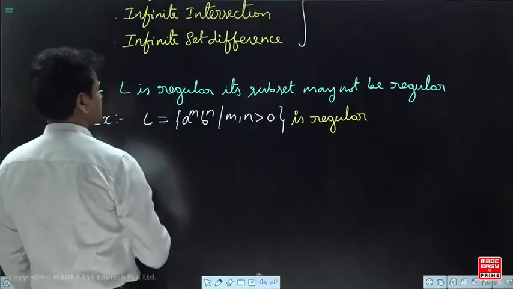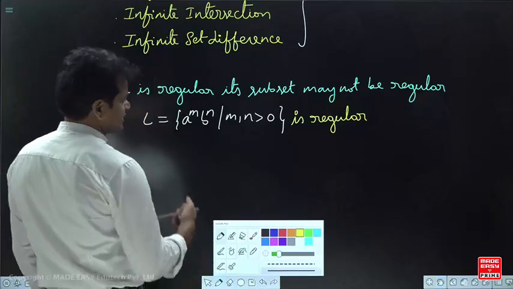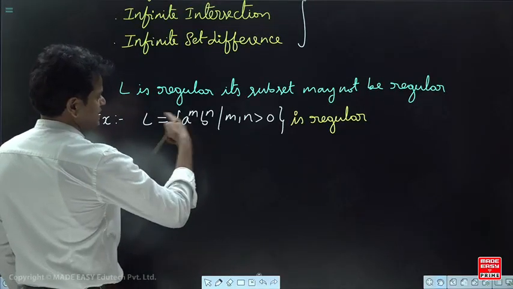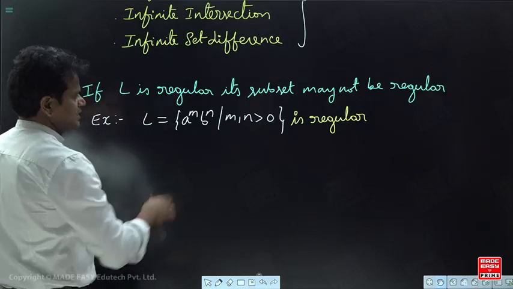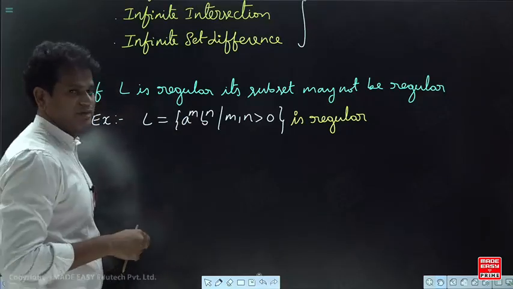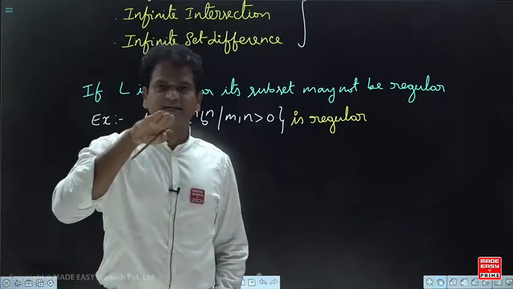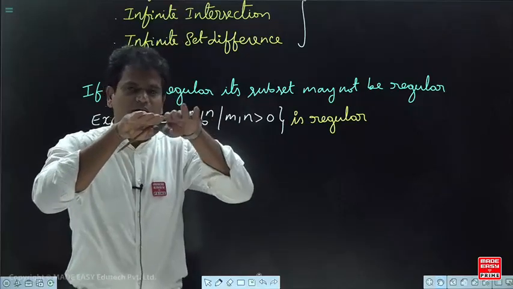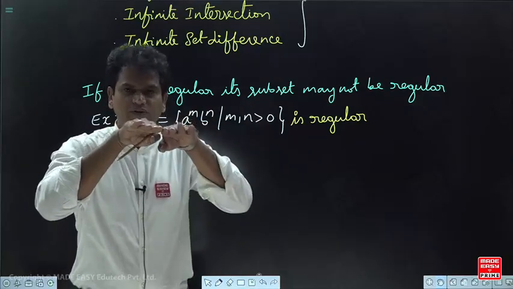Now guys, what kind of strings will this language have? One or more A's followed by one or more B's. Suppose A's are 10, B's can be more than 10, less than 10, or equal to 10.